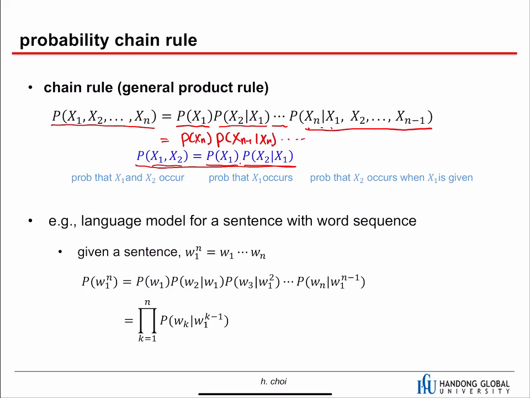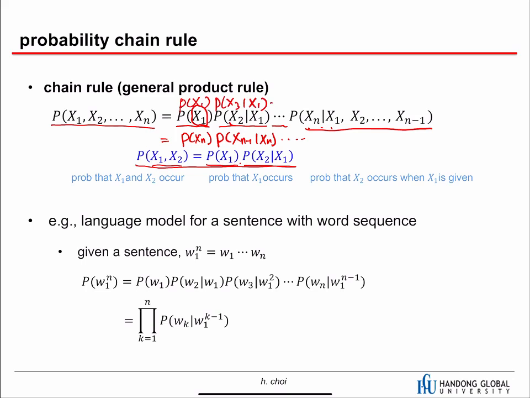But if we start with x1, then the next term should be the probability of some variable, like p of x3 given x1.